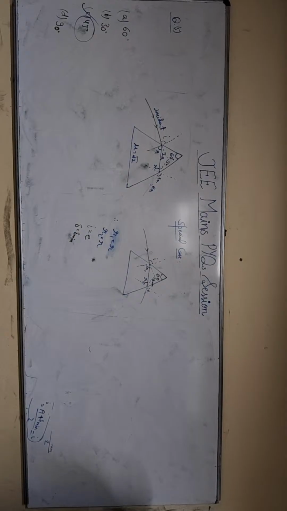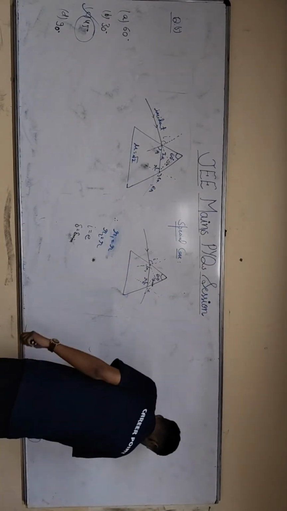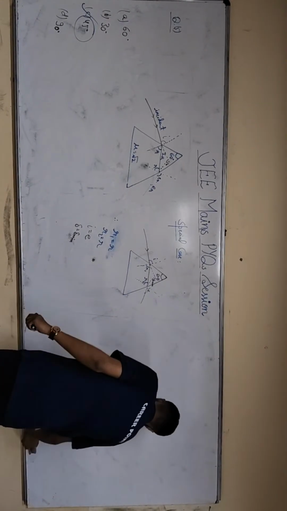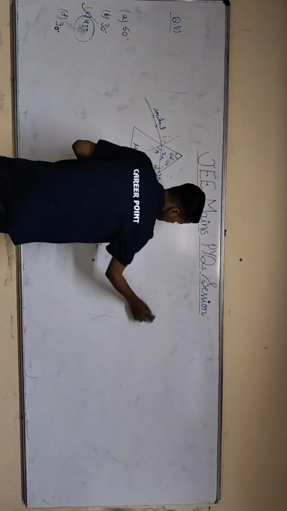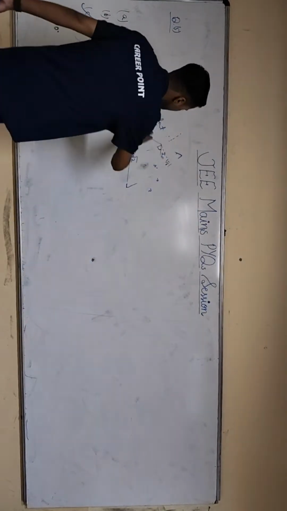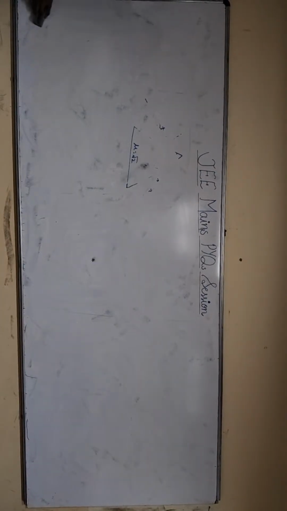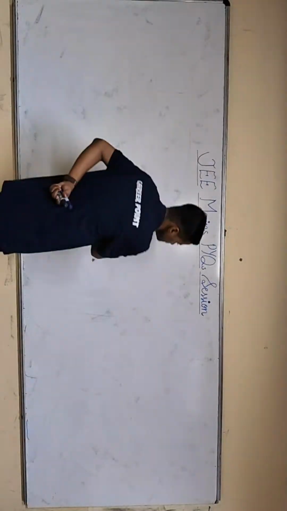What is the relative decrease in focal length? Means we have calculated the decrement in focal length. What is the relative decrease in focal length? This is question number 6.